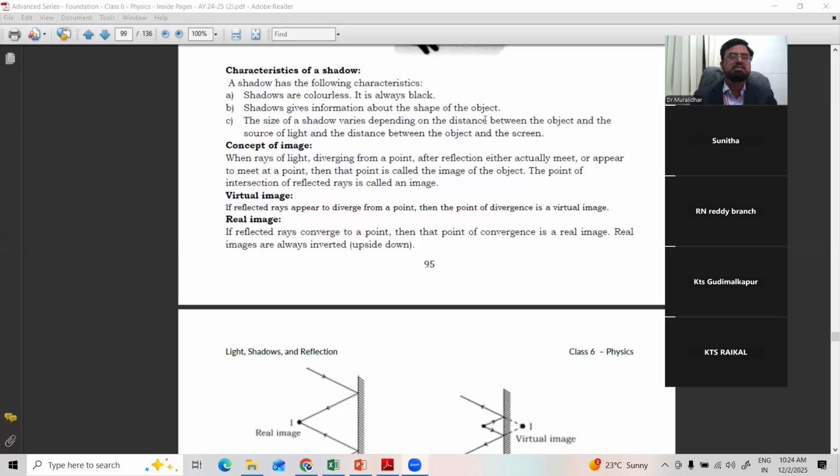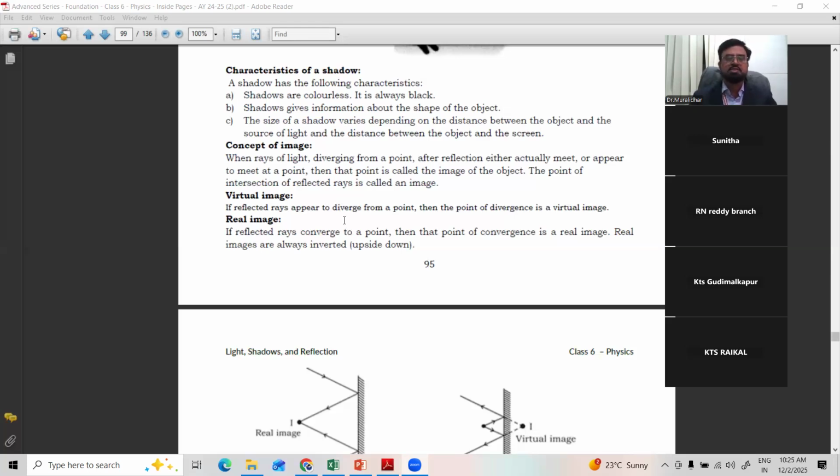Shadow is colorless, always black. Shadow gives information about the shape of the object. The size of the shadow varies depending on the distance between source, opaque object and screen. Clear? That's all about the shadow.